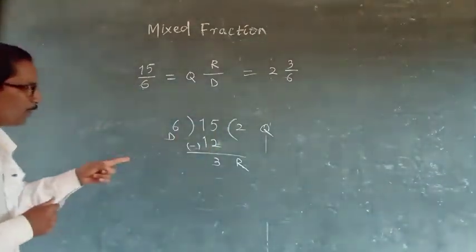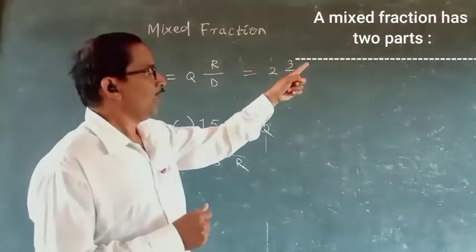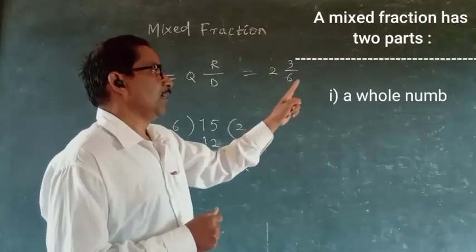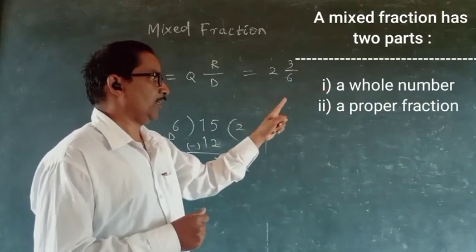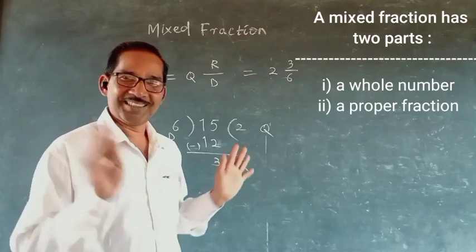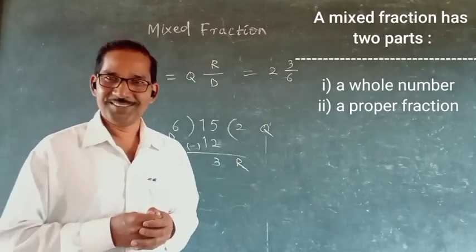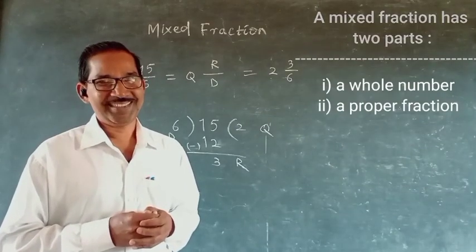So a mixed fraction has 2 parts. One is an integer or a whole number, and another one is a proper fraction. And that's all about the classification of fractions. Okay, my dear children, I think you better understand it. Have a nice day.